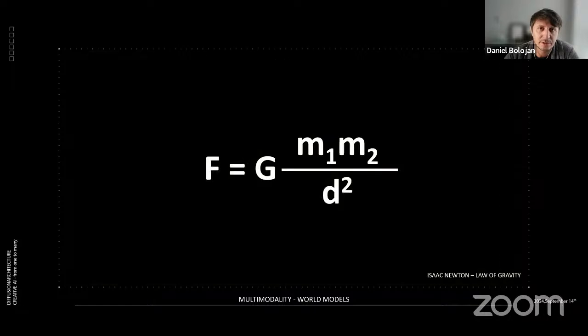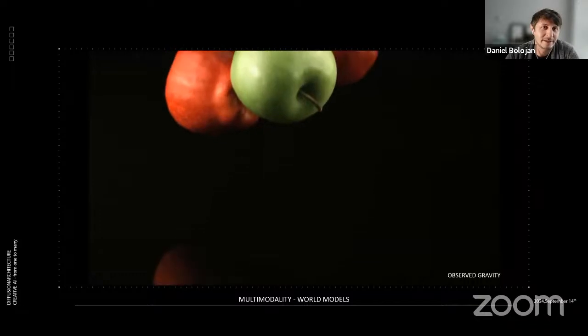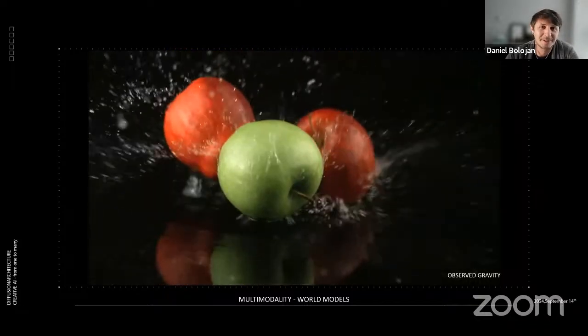Here I'm showing an example: when it comes to the law of gravity, do we as humans understand gravity because we understand it as a mathematical equation, or how do we understand gravity? Most of us, I would say 90% of people, just understand gravity as in we observe how things fall.